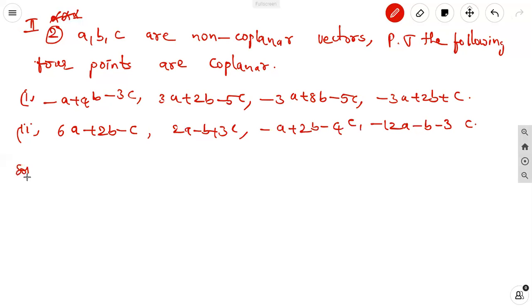To find out coplanarity, we can check the relation: if the volume of the vectors AB, BC, CD is equal to 0, then A, B, C, D are coplanar.